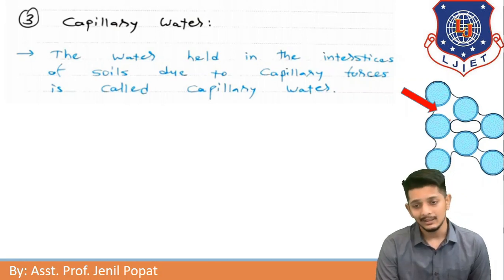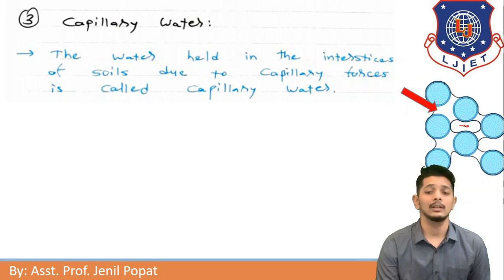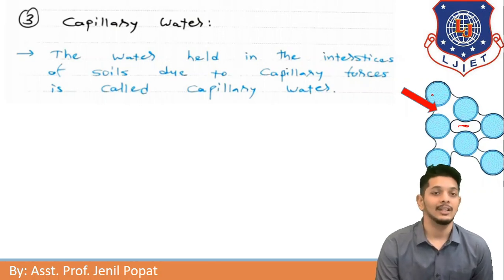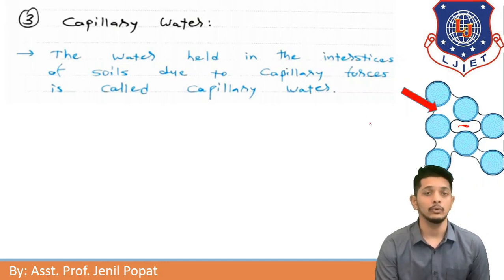And in this you can see a hole here. If there is some water here, that is free water or gravitational water that can move by gravity, and held water cannot be moved by gravity.